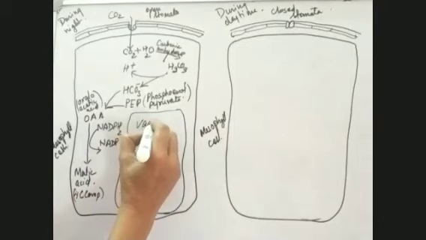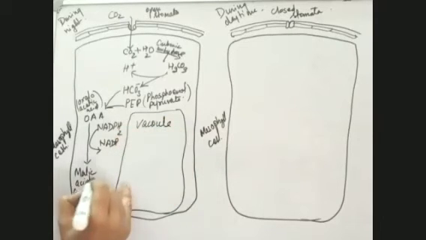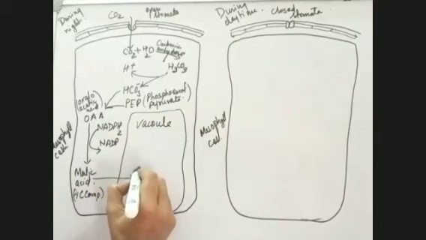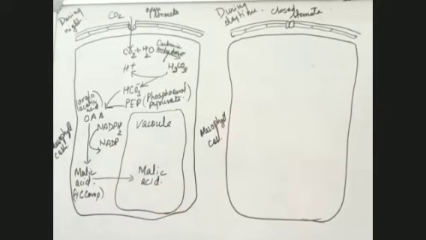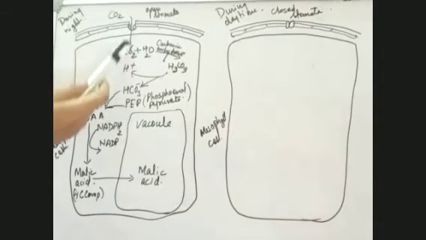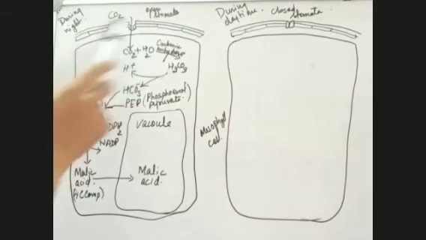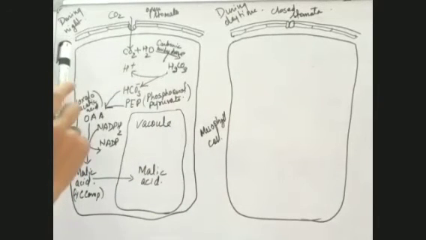You know, plant cells have vacuoles, and malic acid diffuses into the vacuole and keeps on accumulating there the whole night. That means accumulation of malic acid in the vacuole. First, because the stomata are open, CO2 comes in and combines with H2O, which is there in the mesophyll cell.